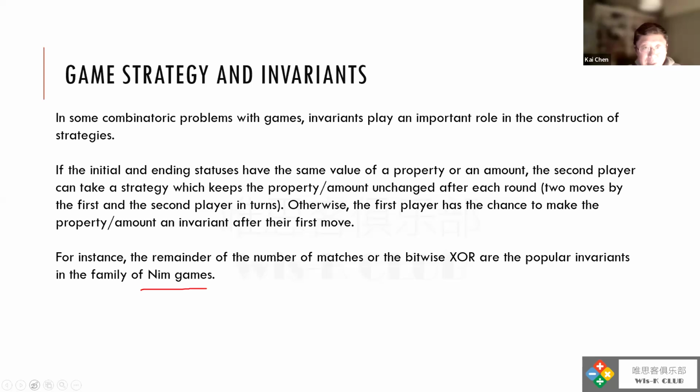That's the modulus. So you can always use the invariance as the strategy to win a game. In 2 moves, no matter what action your opponent takes, you can always keep these invariants unchanged, and then you will have the winning strategy.